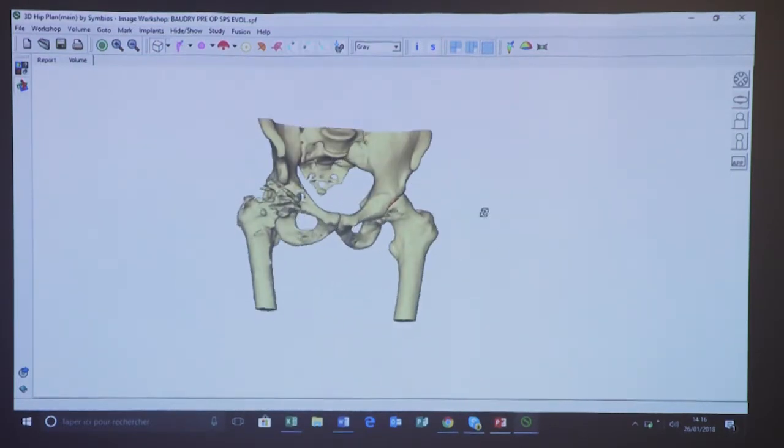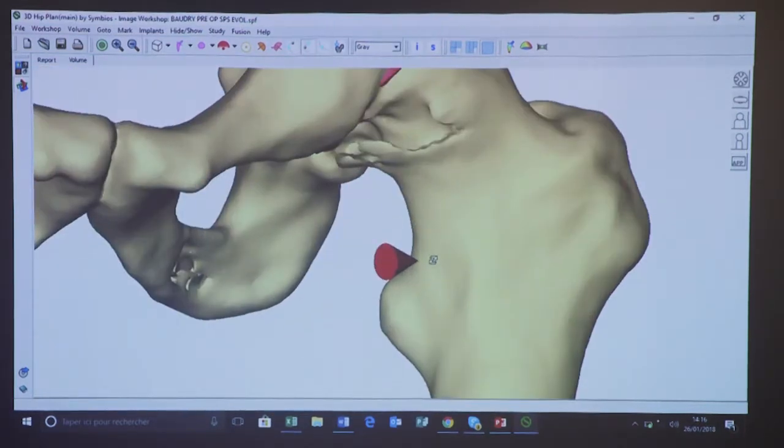For example, if you want to pick up the top of the lesser trochanter, just do it this way, and you will get it. Okay, you can get also the top of the great trochanter like this.